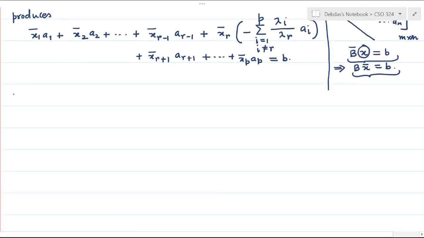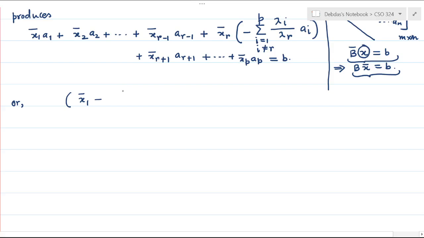Now this will give you the following. Let me collect the coefficients of all the vectors a1, a2, a r minus 1, a r plus 1 till ap, and then what you will get is the following. The first component, that means the coefficient of a1, is x1 bar minus, here also you have one a1 inside this bracket, and that a1 is lambda 1 by lambda r into xr with a negative sign.